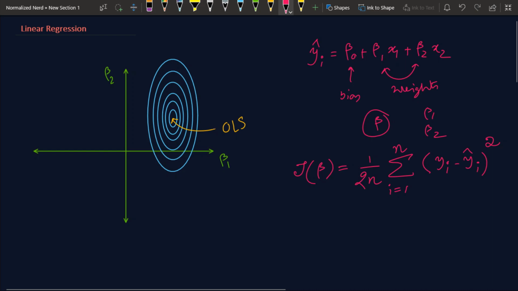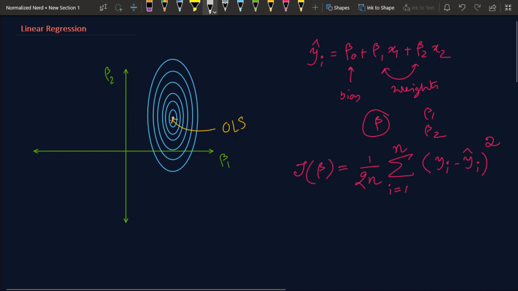And here I have pointed to this particular point, which just represents the minima of this function. So after the minimization we will find the weights, that is beta 1 and beta 2 here. So in vector space we can represent these two values using one point, alright?